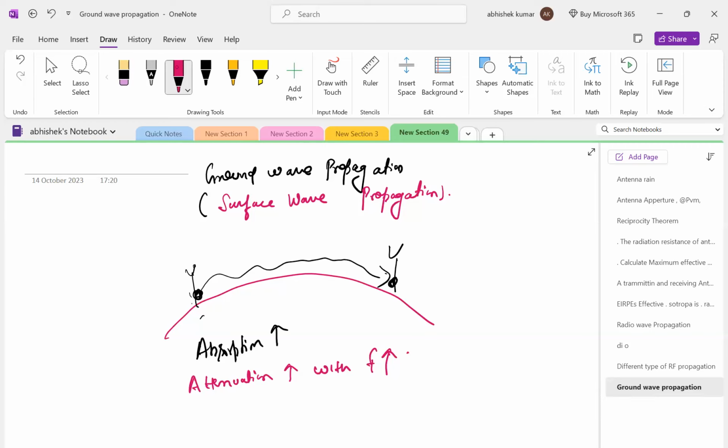That is a disadvantage. If we move to a higher frequency, ground wave propagation decreases. That is one of the major disadvantages. Up to 2 megahertz we can have the ground wave, because at higher frequency the ground wave will be less.